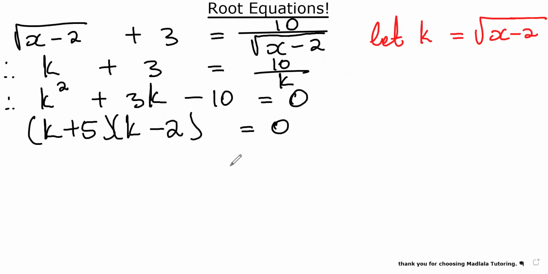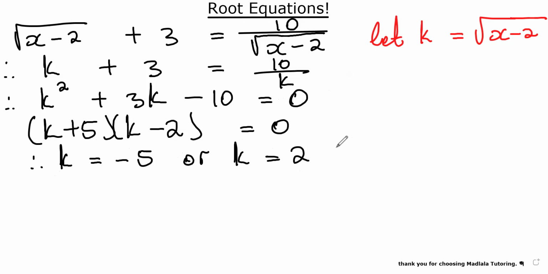The bigger number takes the sign of the middle term. Then we can say k equals negative 5 or k equals 2.